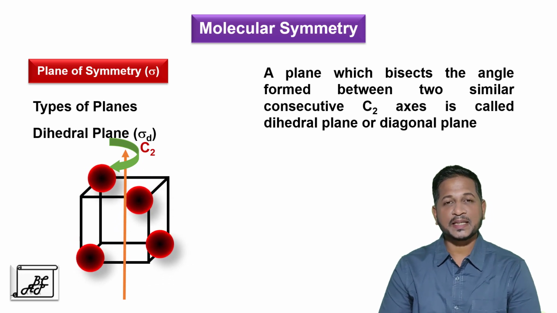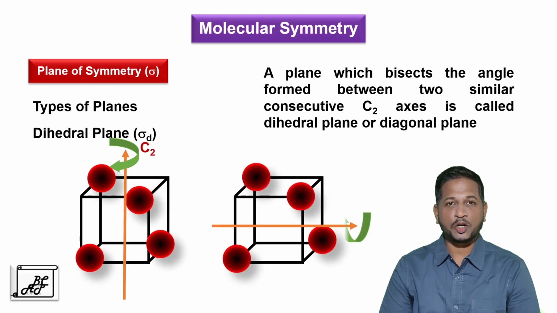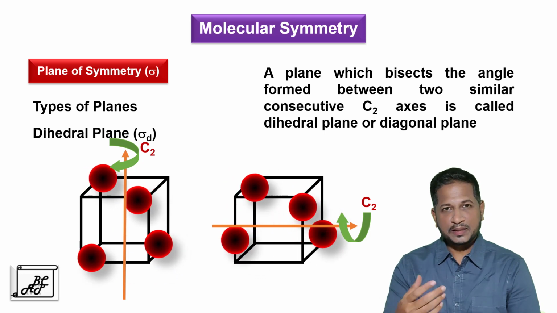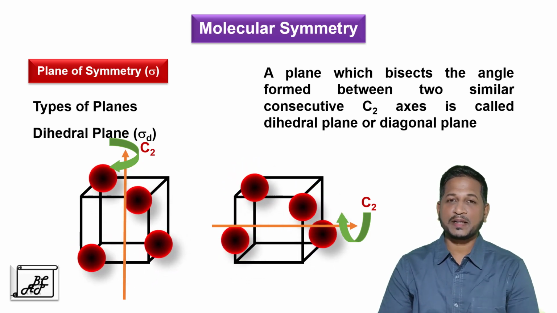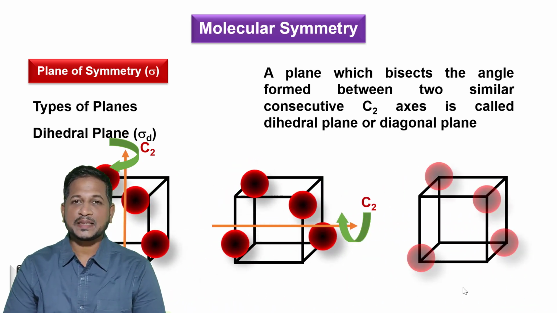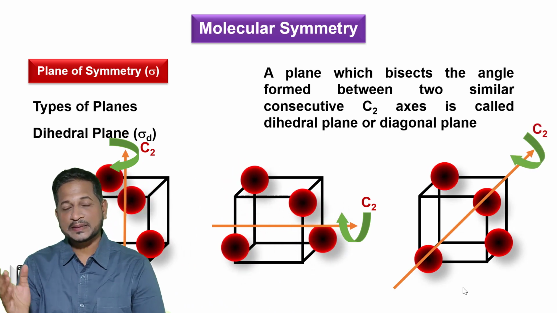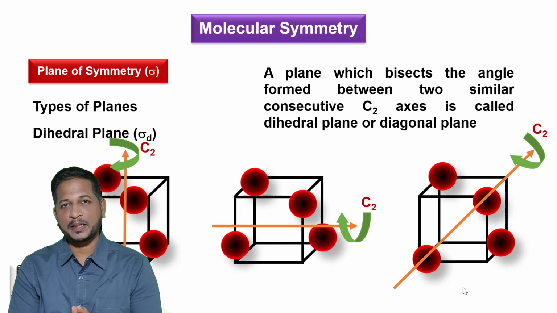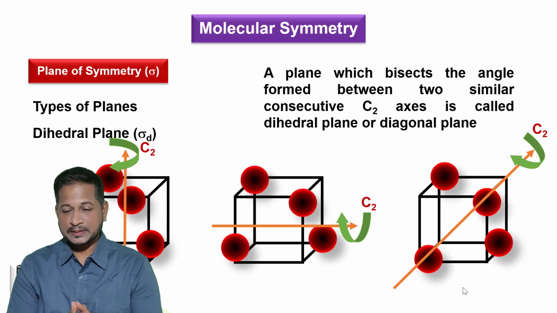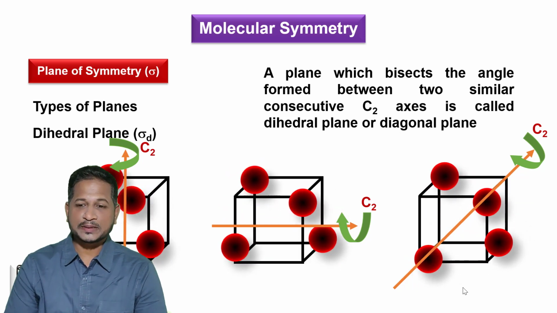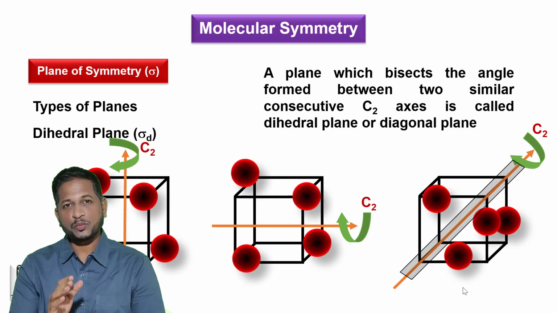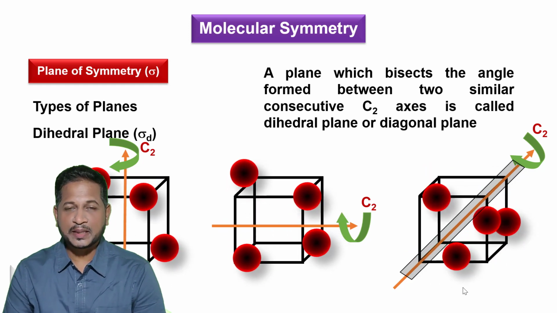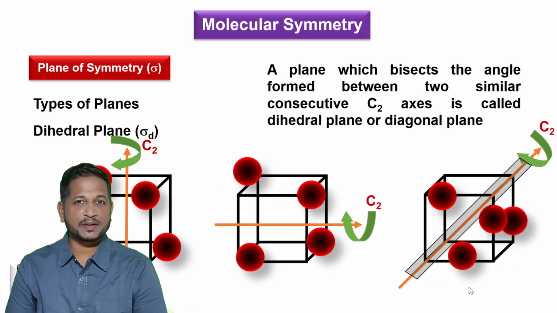We can consider another C2 axis along this direction to rotate the 4 hydrogen atoms to get equivalent images. And we can consider another C2 axis which bisects the angle formed between the first 2 C2 axes of symmetry to get equivalent images. So this is the third C2 axis of symmetry, and the plane which contains this C2 axis of symmetry is called a dihedral plane.